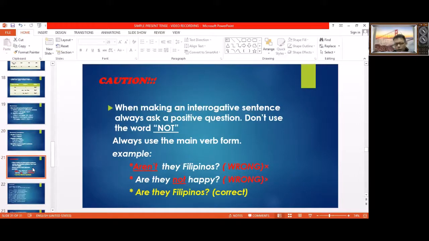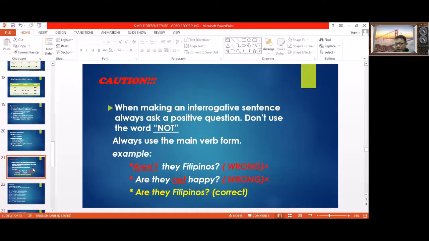Now, caution for this, please don't forget. These are the most common problems, or the mistakes, of my students. As you can read, when making an interrogative sentence, always ask a positive question, okay? Don't use the word not.